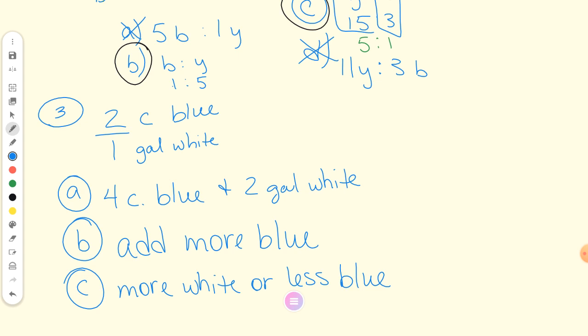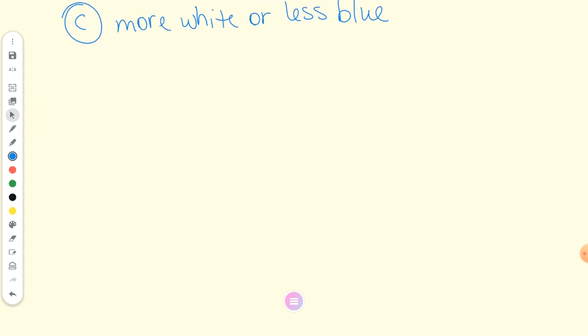Number 4, a smoothie recipe calls for 3 cups of milk, 2 frozen bananas, and 1 tablespoon of chocolate syrup. Ethan, read me those numbers one more time. 3 cups of milk, 2 frozen bananas, and 1 tablespoon of chocolate syrup.